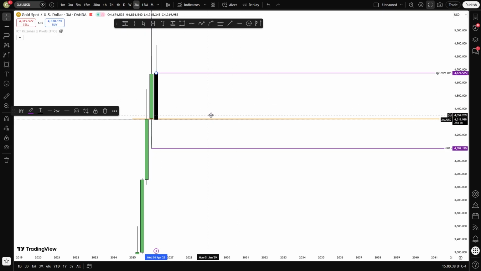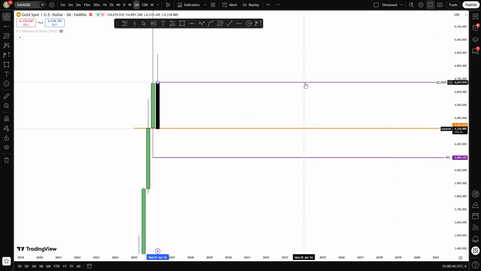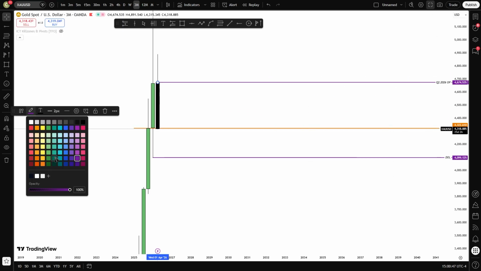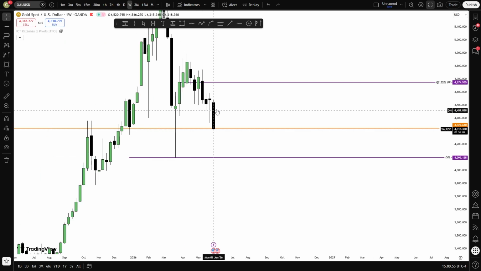So it's still going. We're not putting close or something. We only need this style, keep it on purple, and then we go to weekly.